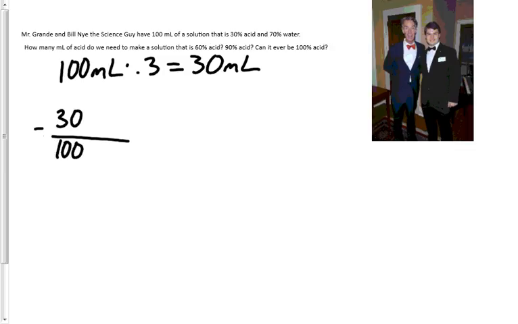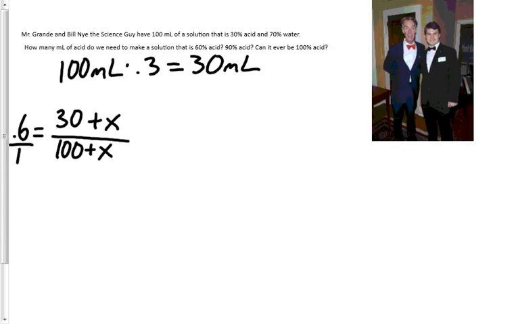Now I'm looking to make this mixture 60% acidic. I will need to add some amount of acid to my solution to increase the acidity. Therefore, the total milliliters of solution I have will go up just as does the amount of acid I have.